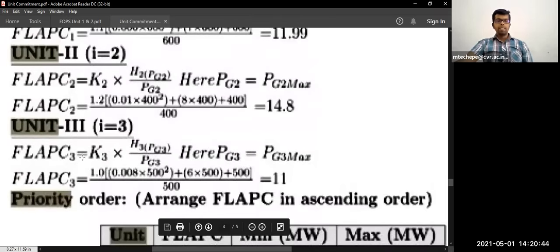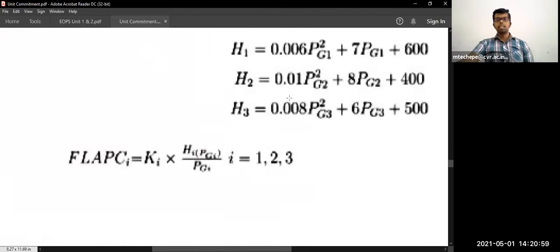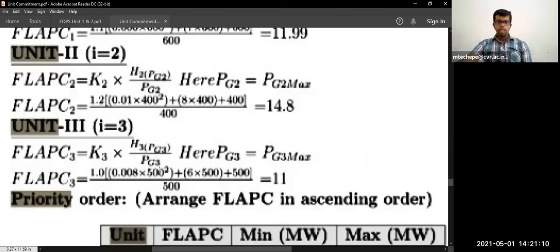Again FLAPC3. Again K3. What is K3? That is already given, that is 1.0. Again H3 of PG3 divided by PG3. So H3 of PG3, here it is given: 0.008 PG3 square plus 6 PG3 plus 500. So we have to substitute PG3 is equal to 500 megawatt, divided by 500 megawatt into K3, that is 1.0.